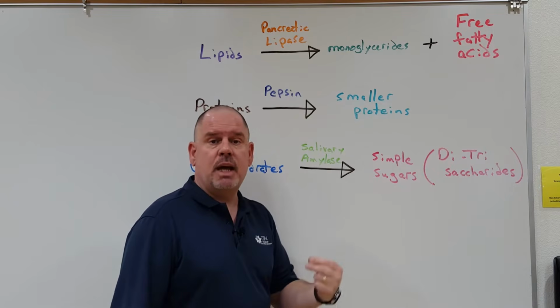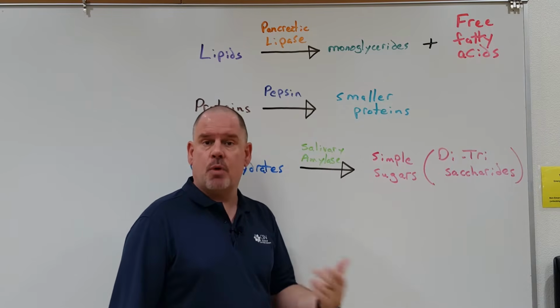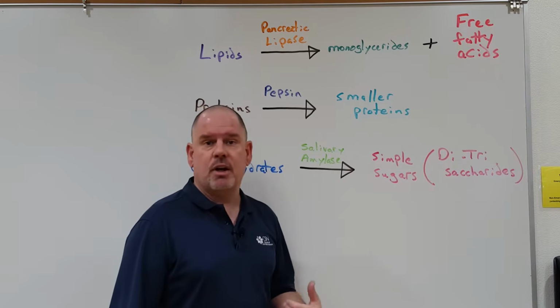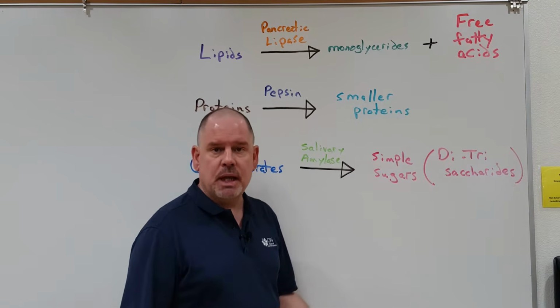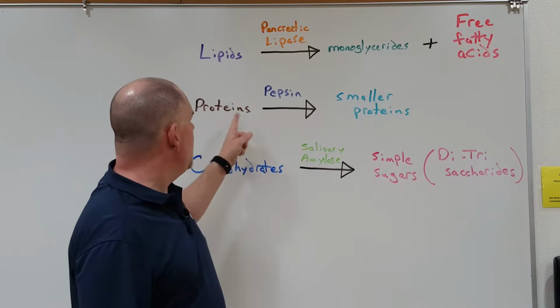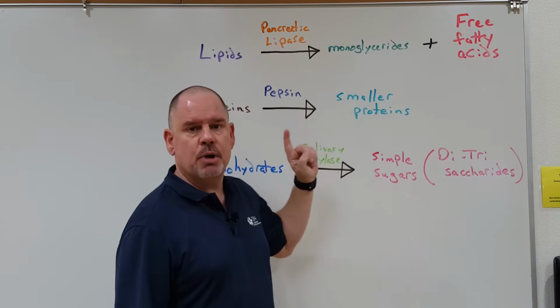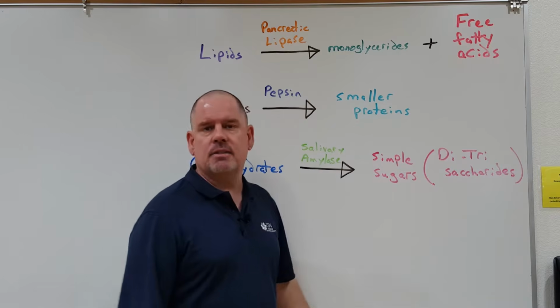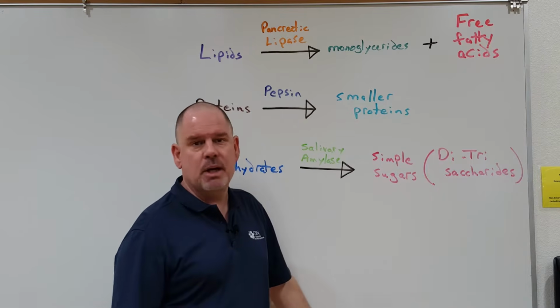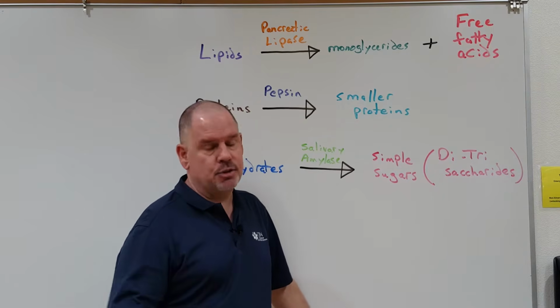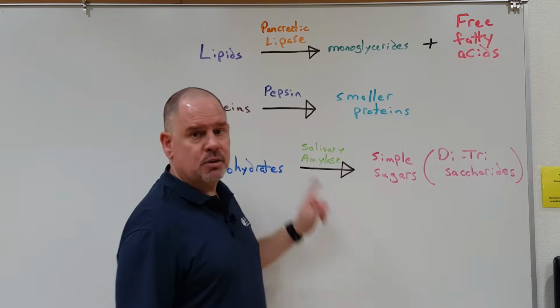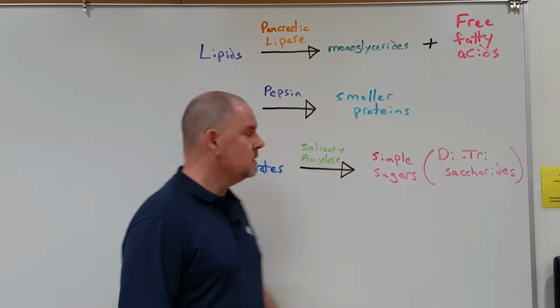The same exact digestive enzyme or protease enzyme that we have in our stomach. Thank you, gastric pits. So we will watch how pepsin digests proteins into smaller proteins. It does not take us down to the monomers or the amino acid range by any stretch of the imagination, but it will do some chemical digestion for us.